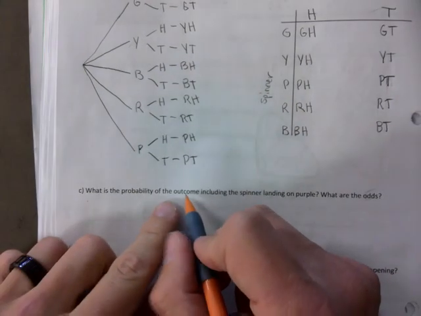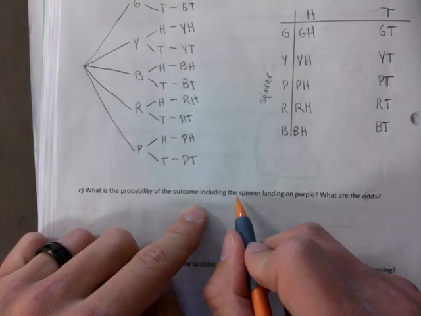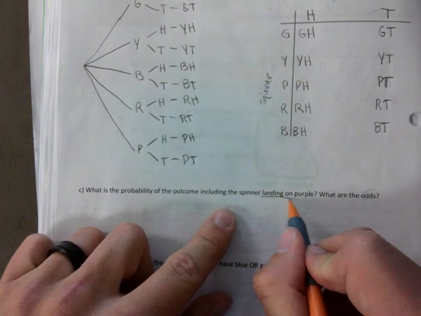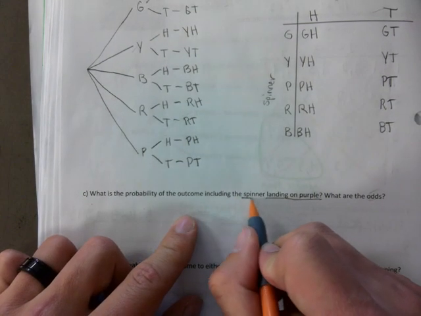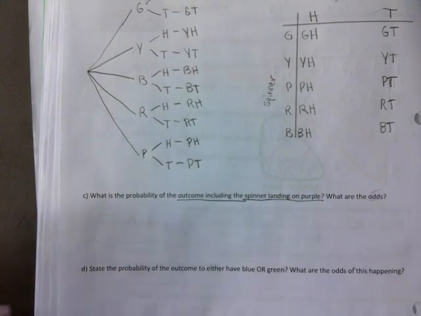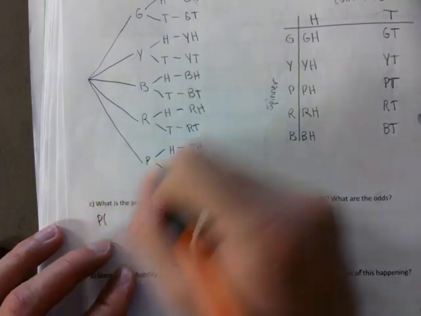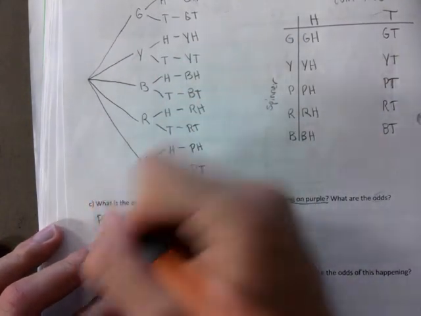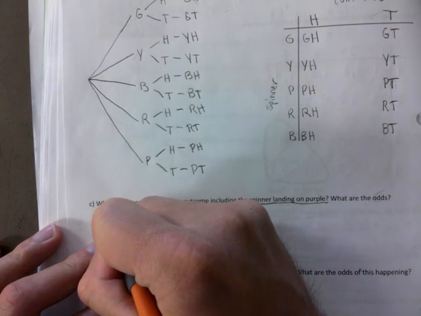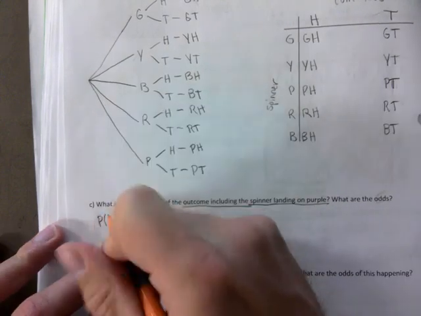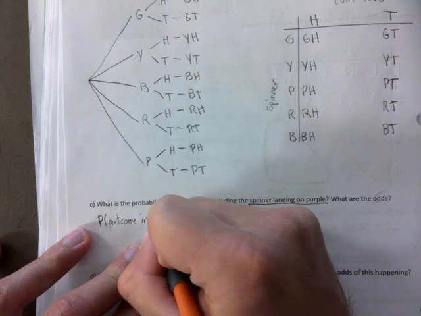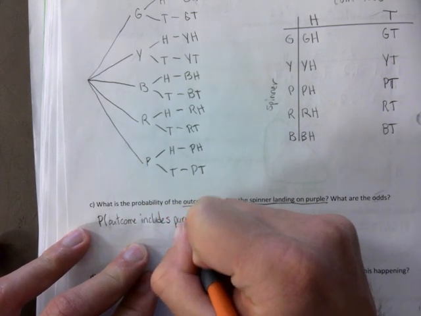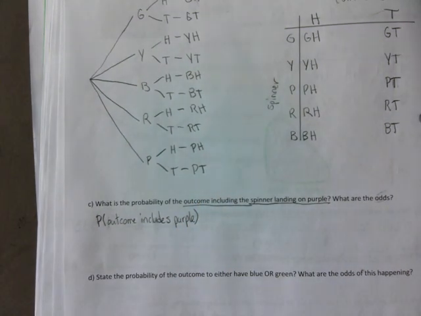So probability of outcome includes purple.